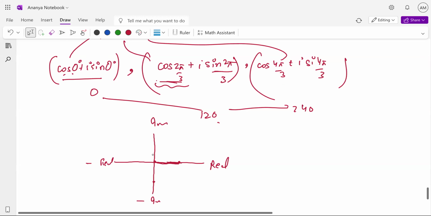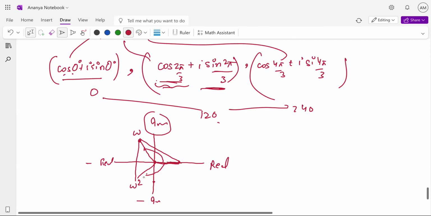So what we can do, you can just go from here at 120 degrees, and on the opposite side also. Let's say this is one. Which point will it represent? You can see the imaginary part is positive. This coordinate is mentioned here, meaning I can say this is omega, and this is omega square. Clear? Yes, sir.